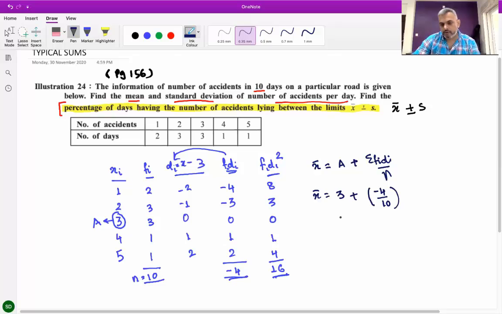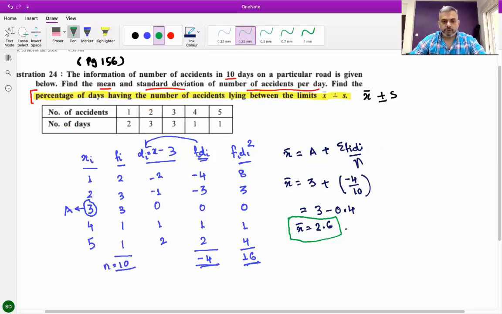I am using this formula because there is one concept connected with it which we are going to see further. So 3 plus minus 0.4, so mean is equal to 2.6.